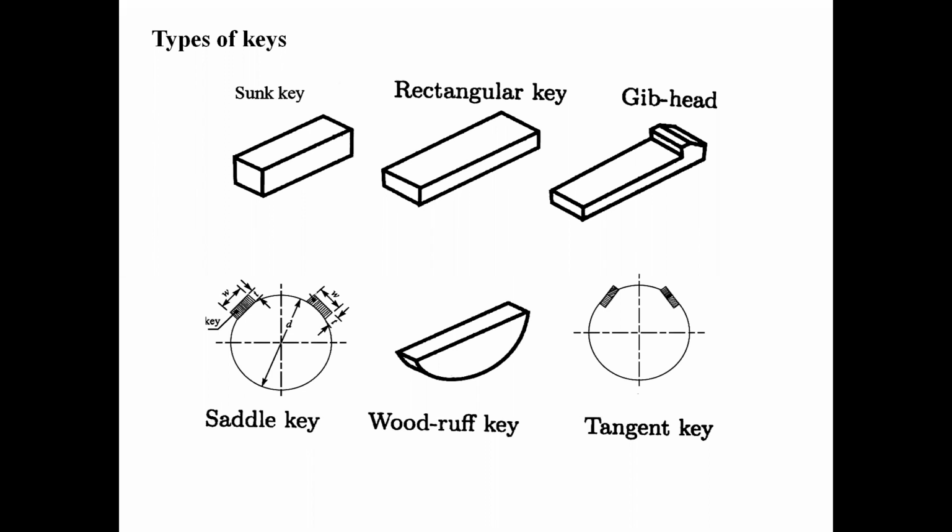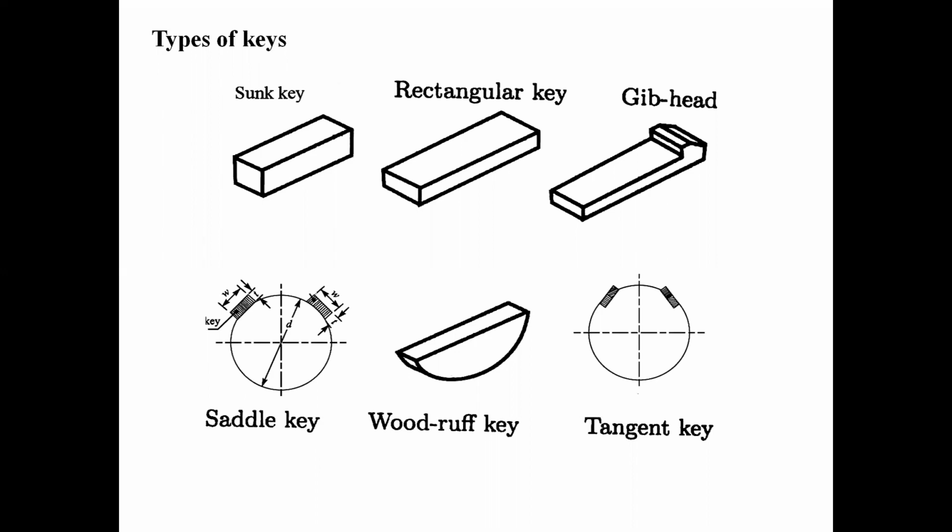Woodruff key is used when there is a limitation of space between two adjacent pulleys or two adjacent gears. It has its best application in a bike gearbox, or such type of gearbox which has very limited space.